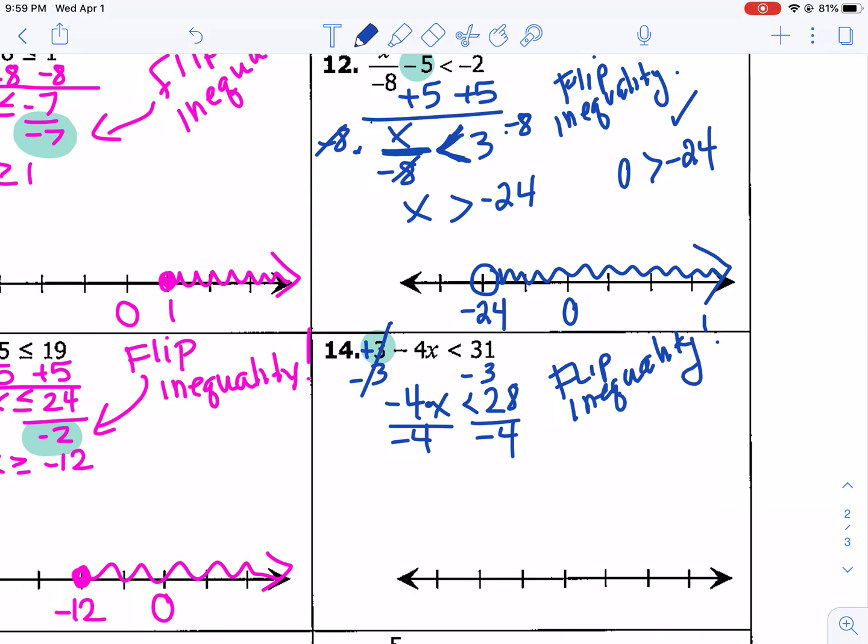You don't always have to write it in, but I sometimes do, just to reinforce that idea that I have to flip that inequality when I multiply or divide by a negative.